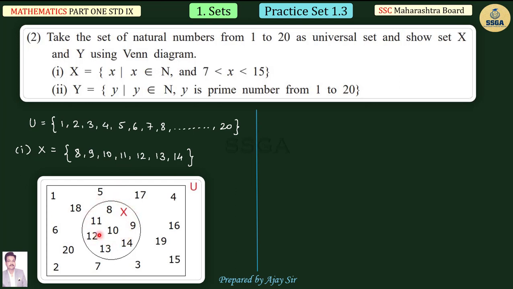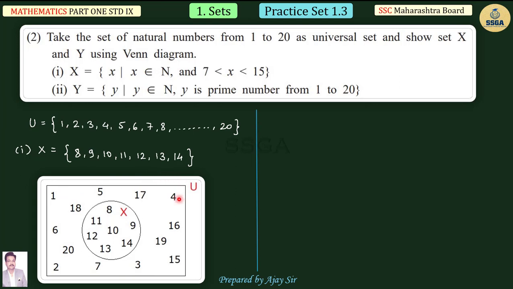These are the elements of set X, and the remaining elements we will write outside, that is 1, 2, 3, 4, 5, 6, 7 and the numbers greater than 14: 15, 16, 17, 18, 19, 20.